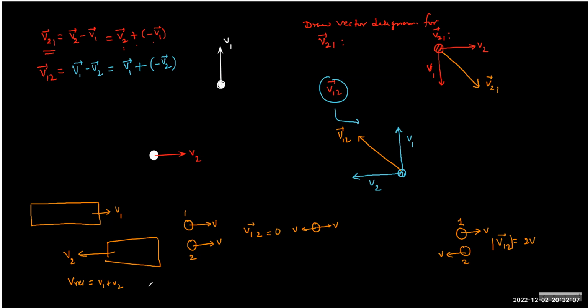Am I right? And that's why they cross each other very fast. Quickly, because the relative is more. But if they travel in the same direction, then have you seen they cross each other in less time, more time, because the relative is what? Their velocities are subtracted. Yeah.